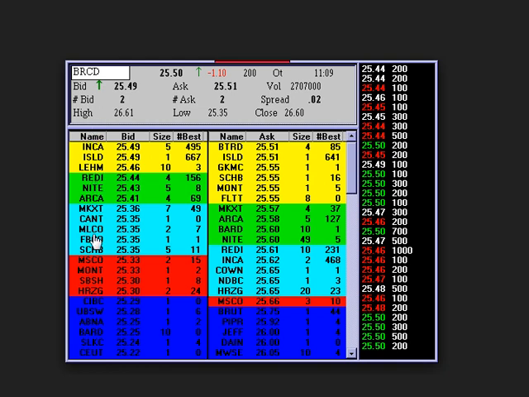Sometimes you have to pay attention if you're dealing with NASDAQ stocks or New York Stock Exchange stocks, because some of these names will be actual banks, like you can see here, SCHB is Schwab, and if you ever see GS, that's Goldman Sachs.